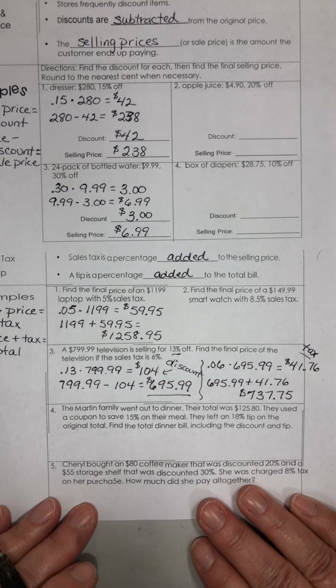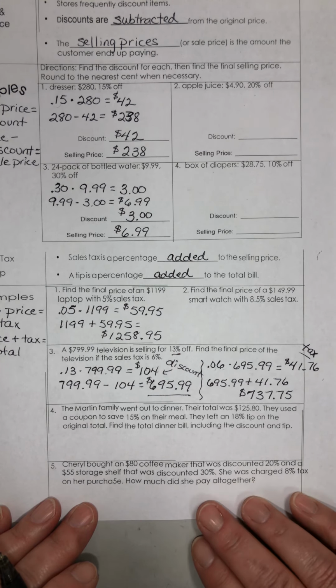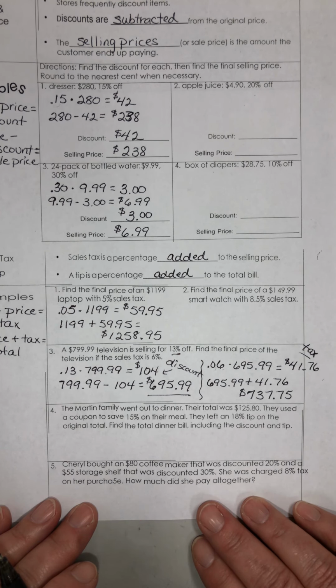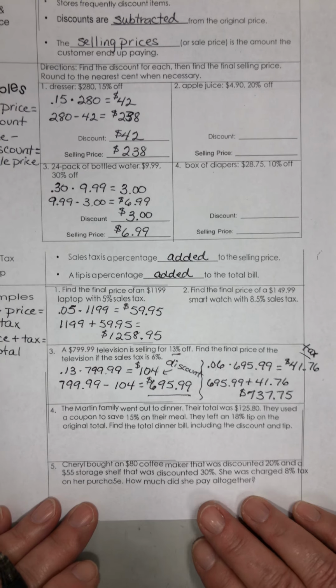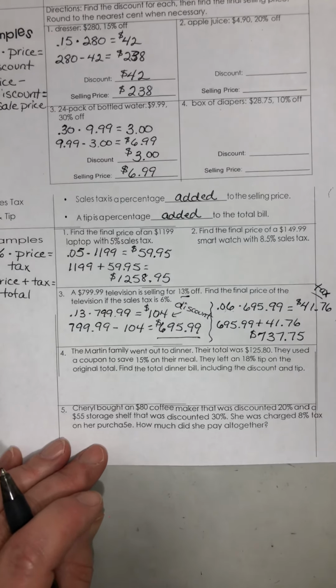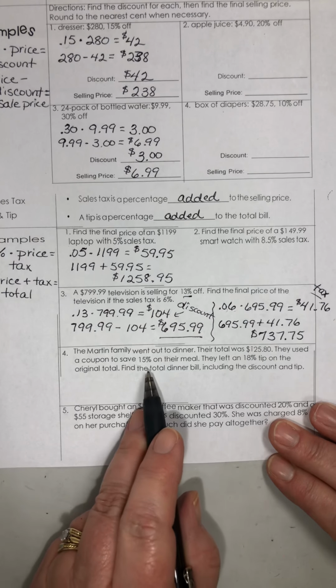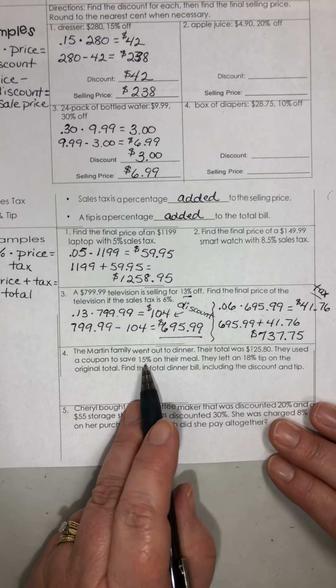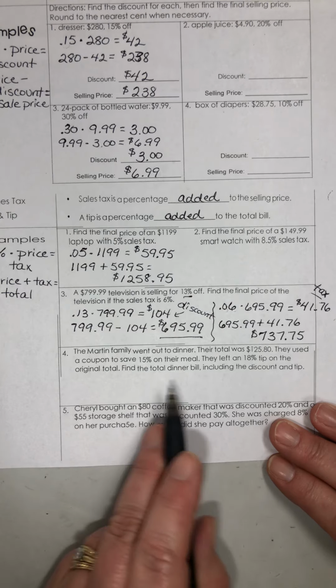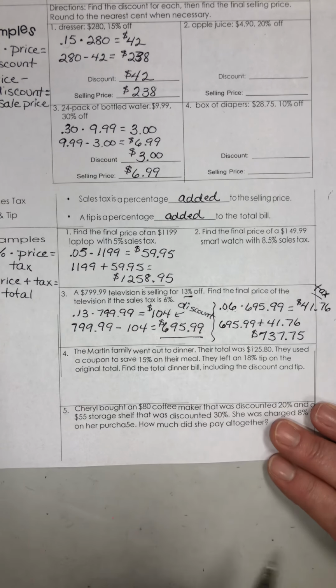Okay, let's do one more together. Let's do number 5. It looks complicated. Number 4 is about going out to eat. First, you have a coupon that's subtracted off, and then you're going to add back on a tip.